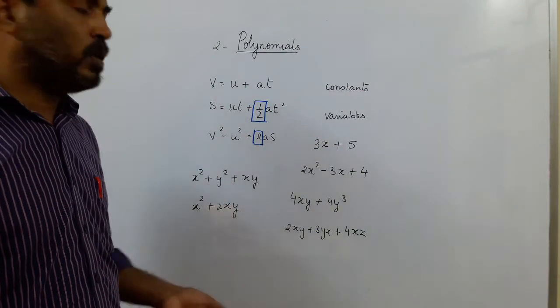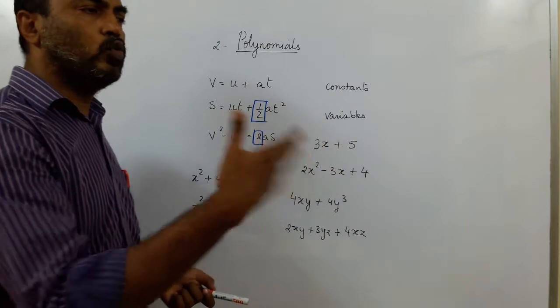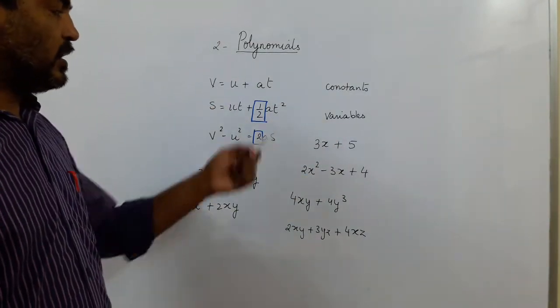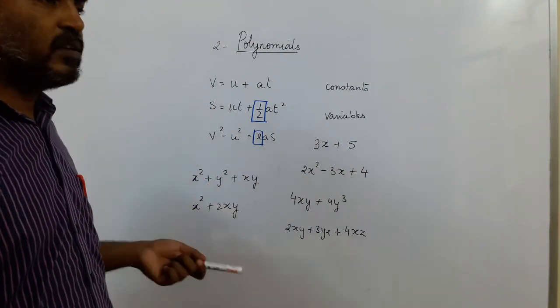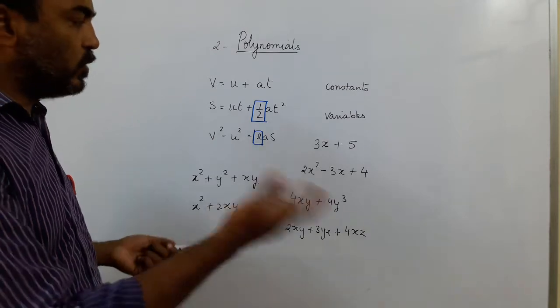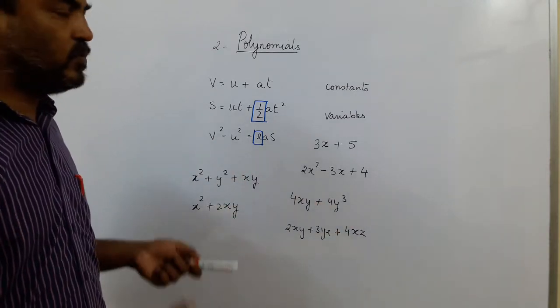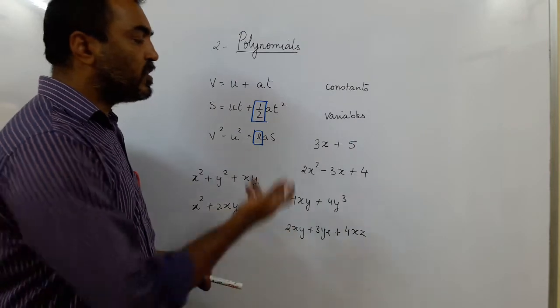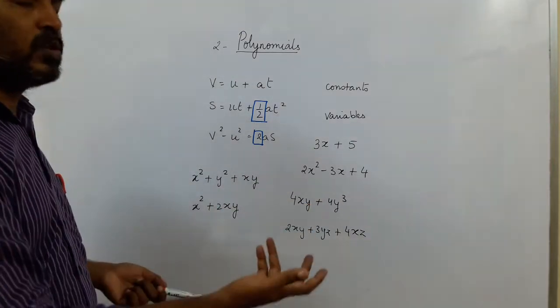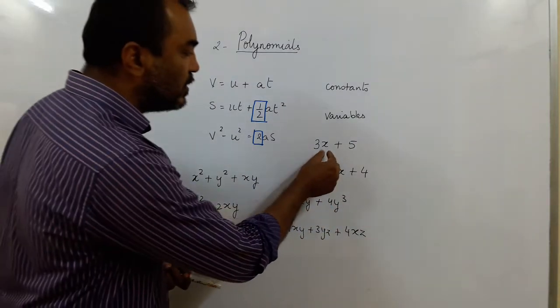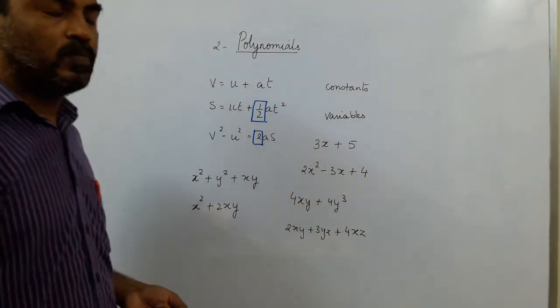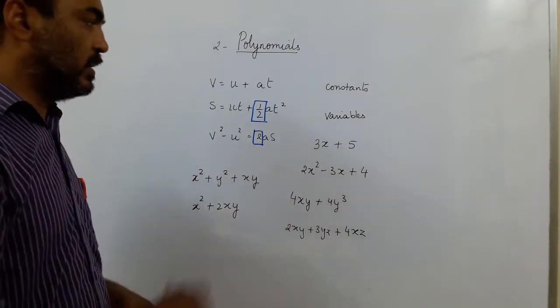If x is a whole number, you can take 0, 1, 2, 3, 4 up to infinity. If x is an integer, then -4, -3, 1, 2, whatever up to infinity on both sides. If it is a rational number, you can take 7 by 2, 3, -4, whatever. So it's a variable which keeps on changing, and it will have infinite possibilities.